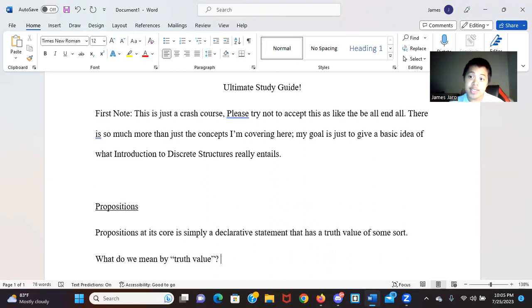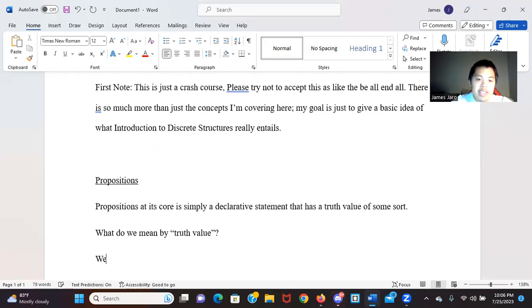This introduces the idea of what is called Boolean algebra. In regular mathematics, which is elementary school, middle school, high school, and even some classes before introduction to discrete math, you've worked with regular algebra, as I would call it. So 1 plus 1, 2 plus 2, 2 times 2, all that jazz.